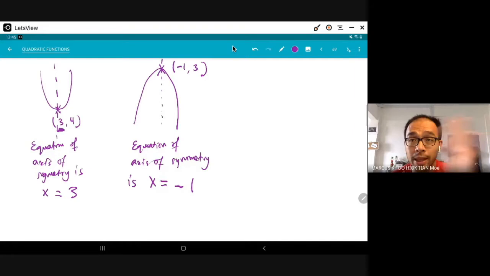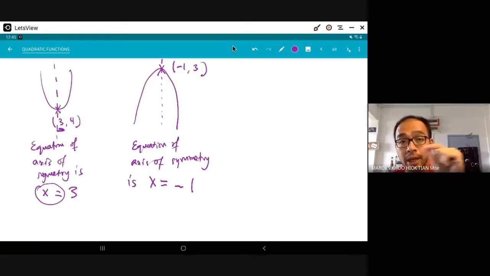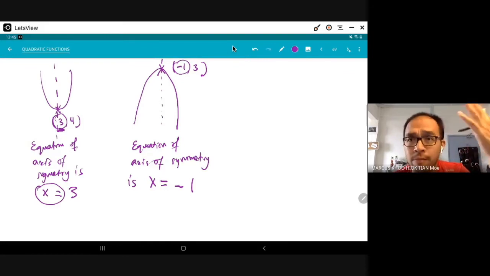So it doesn't matter what kind of graph it is. Semua persamaan paksi symmetry, all equation of axis of symmetry starts with x equals to, sebab dia adalah garis menegak. So semua garis menegak adalah x sama dengan, and then lepas itu kamu ambil je koordinat x di vertex itu. That's why the vertex form is very important.